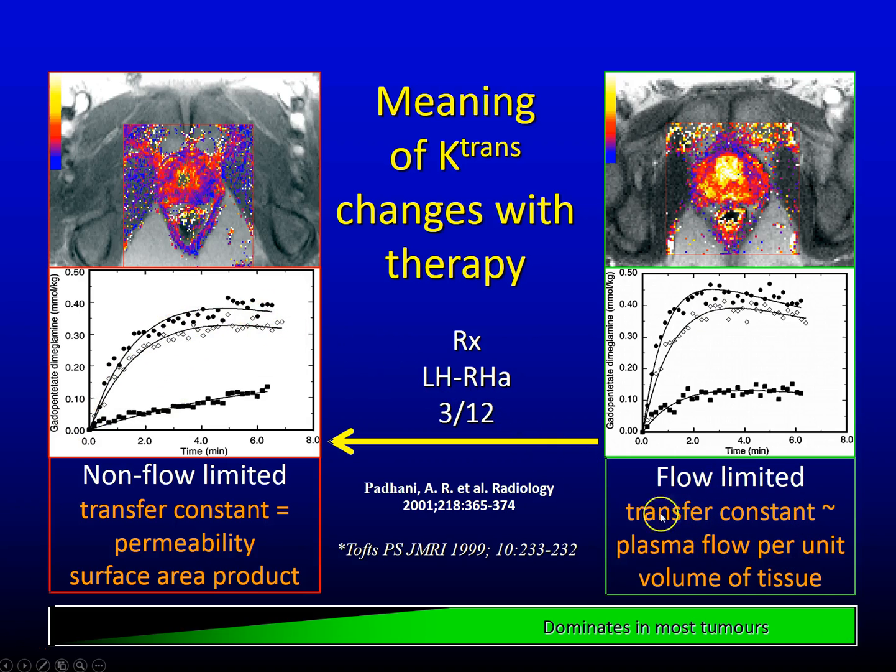So before treatment, we are looking at the transfer constant meaning the blood plasma flow, whereas after treatment, you can see that the transfer constant reflects permeability and less perfusion. And this change in meaning of the transfer constant, depending on the biological tissue and on the treatment status, is something that has been noted by many.